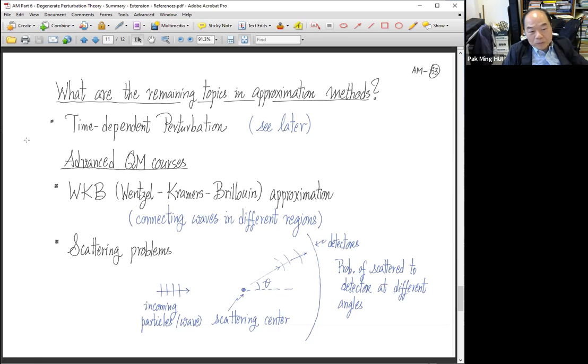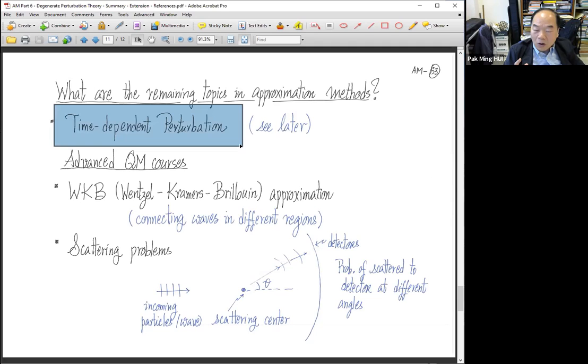We will do time-dependent perturbation theory later in the course when we consider light interacting with an atom or molecule. Light is an oscillating E field, so time varying, okay? We will understand why there are absorptions, emissions, stimulated emissions, and why there are selection rules. We will do it later.